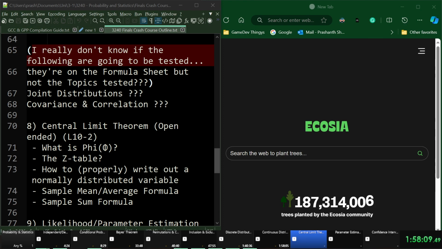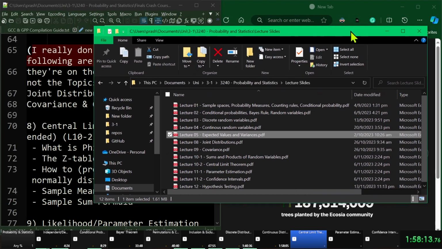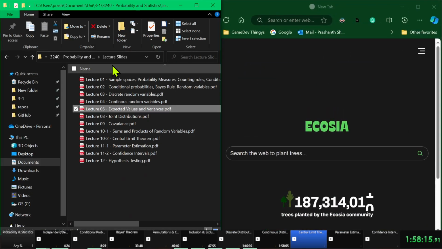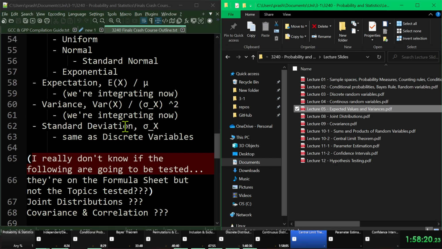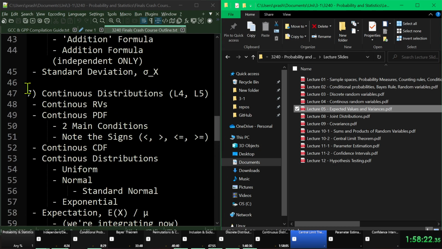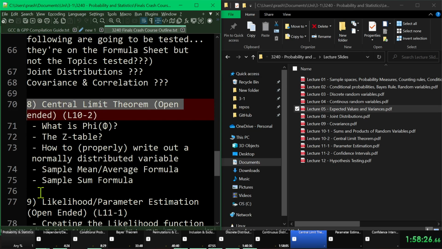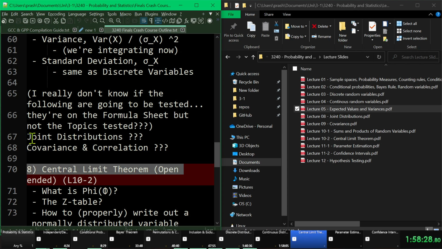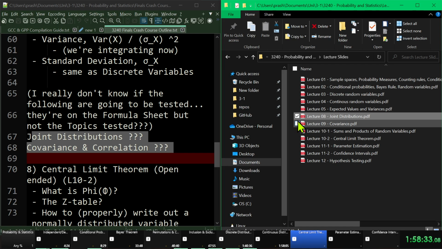Now, this next part I am not so sure about. The topics list on Teams, once it goes from continuous distribution, goes straight to CLT and likelihood. It has no mention of joint distributions and covariance and correlation. So namely this, and kind of also this as well.